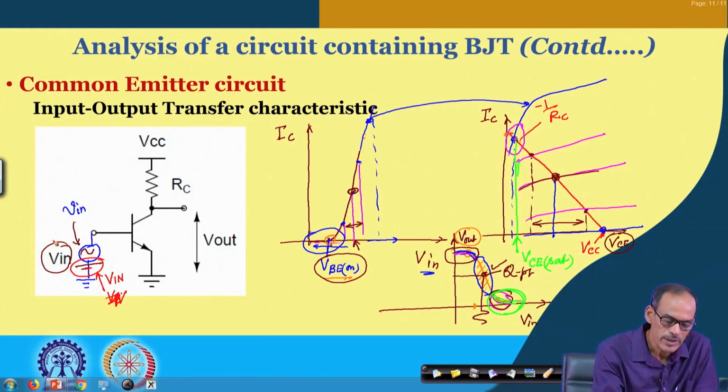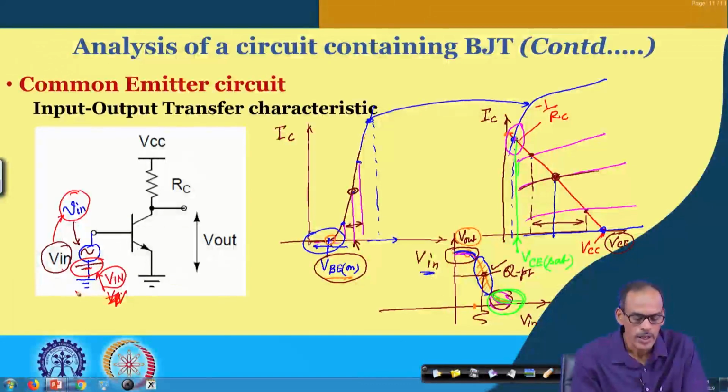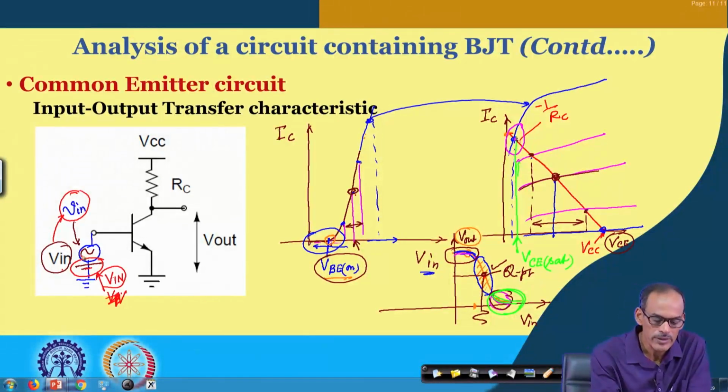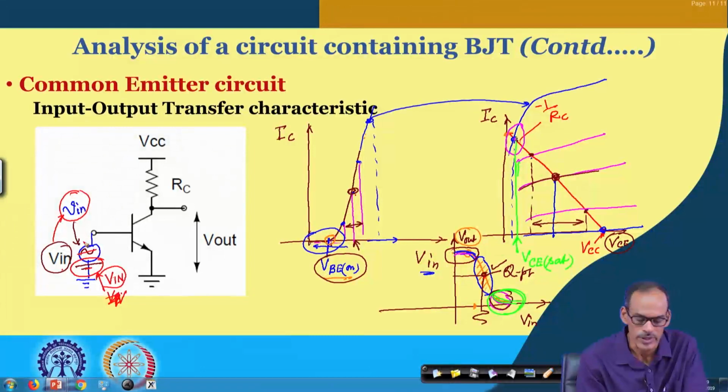So this input consists of the small signal part as well as the DC part, and the DC part should be such that this operating point is preferably in the middle of the suitable range of the input to output transfer characteristic, and then we apply the signal with respect to that.